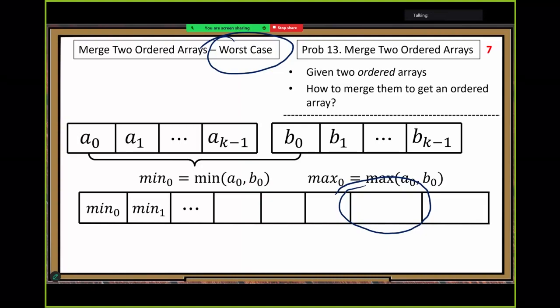Because for the final element, you never need to do a comparison. Only one position is left, so you just drop the last element there. No comparison. So this last position, no comparison.